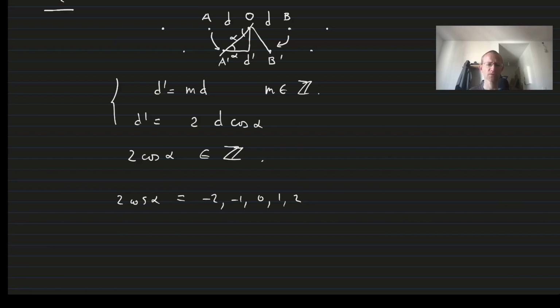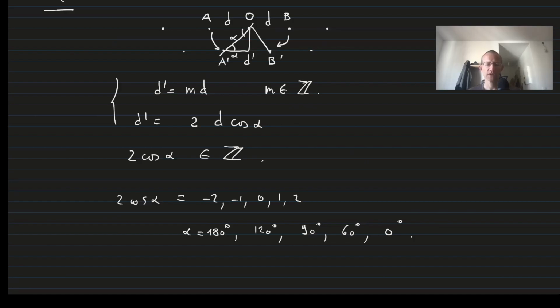If it is -2, then alpha is 180 degrees. If it is -1, it is 120 degrees. If it is 0, it is 90 degrees. If it is 1, well, cosine alpha is 1/2, then we have 60 degrees. And if it is 2, it is just 0, which is no rotation at all.